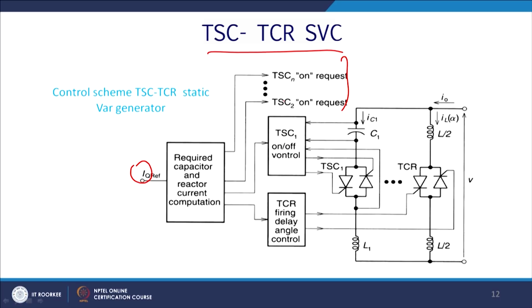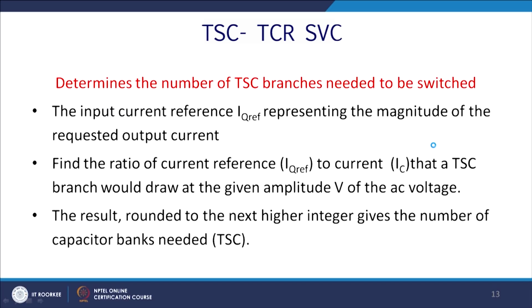Thereafter you have an on-off control, and there you will sense the voltage of the TCSC capacitor, which is very important, and accordingly you will give a pulse. This scheme we will discuss a little later, and you will give a triggering pulse of the thyristor to the TCR. First of all, the first step will be to determine the number of TCSC branches needed to be switched from this IQref.